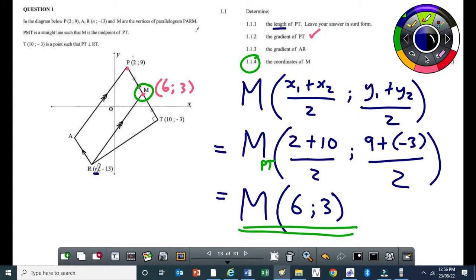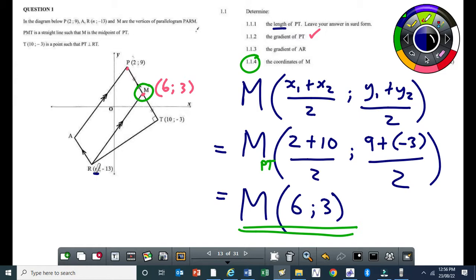If you multiply their gradients, you get a product which is equal to -1. If lines are parallel, their gradients are supposed to be equal. So if you want to calculate n, the best way is to determine the gradient of TR.